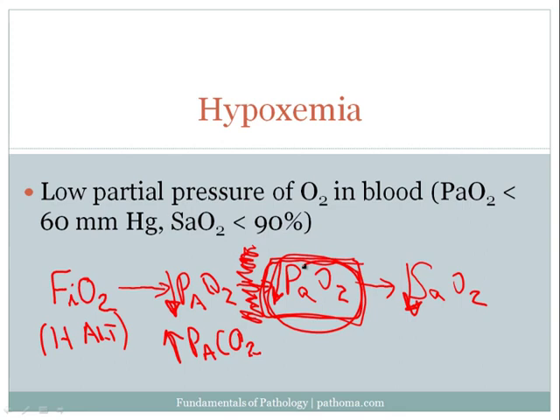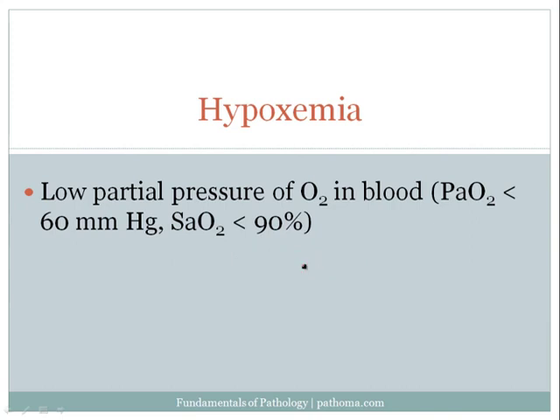So I hope that clarifies the concept of hypoxemia. But the general principle that I'm really trying to get at here, aside from the physiology that I just mentioned, is hypoxemia refers to a low partial pressure of oxygen within the blood, and it's another cause of hypoxia, which is, again, the broad topic that we're talking about.